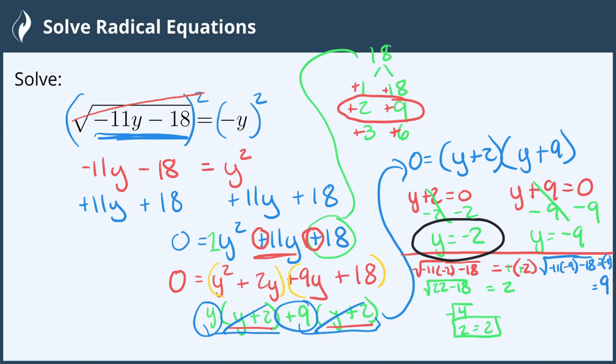Then negative 11 times negative 9 gives us a positive 99 minus 18. 99 minus 18 gives us 81, the square root of 81 is 9, which does in fact equal 9. So both of these solutions are answers to our radical equation, and we're all done.